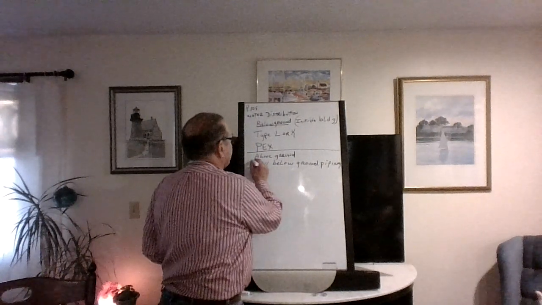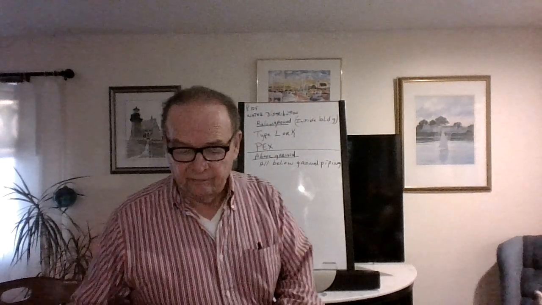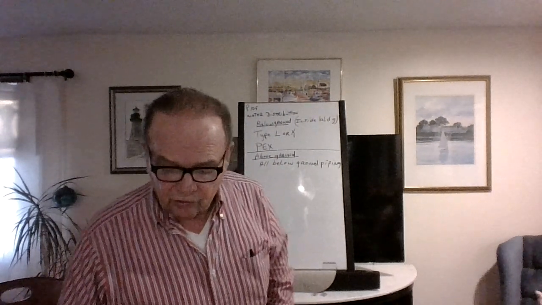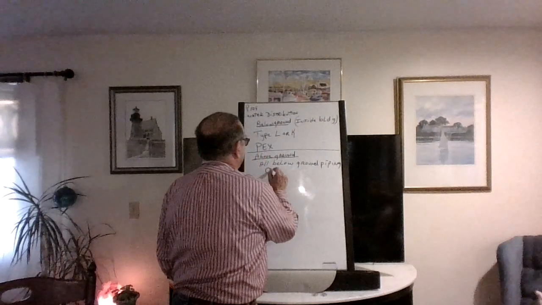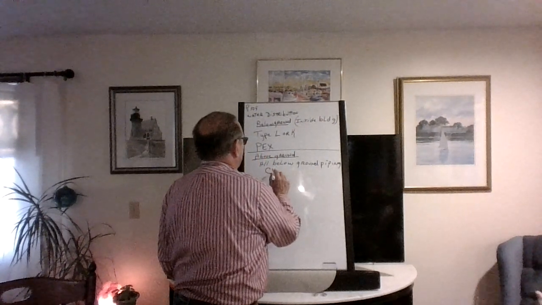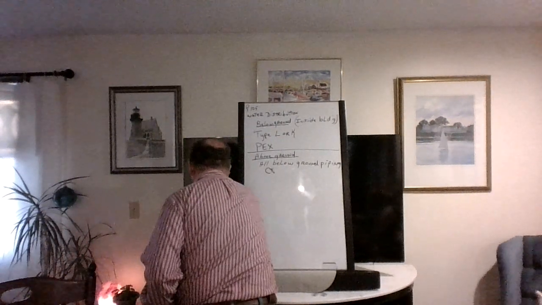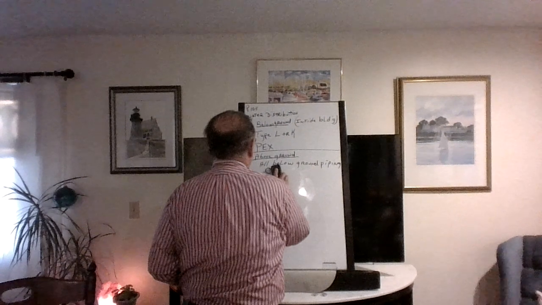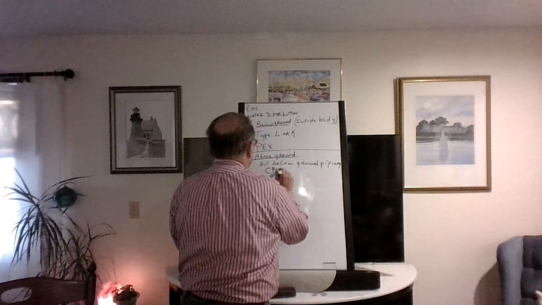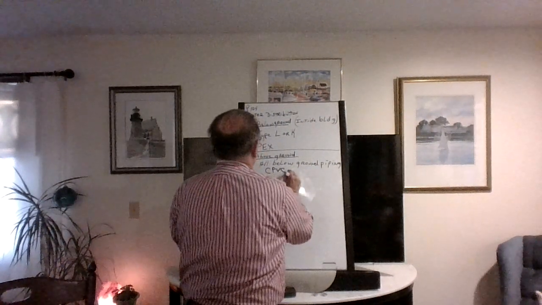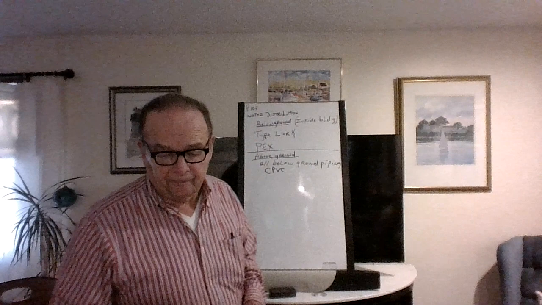Now, in addition, because it's above ground, they give you a little more flexibility here. You can use CPVC, which I know some of you do use for water piping. Chlorinated polyvinyl chloride. Don't forget that. Write it down if you don't know it.